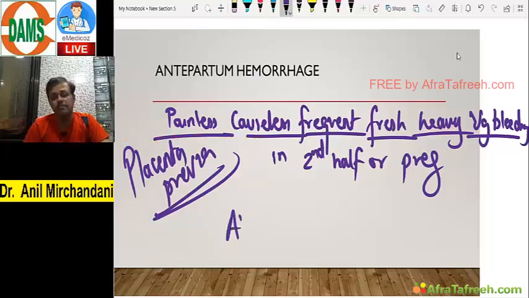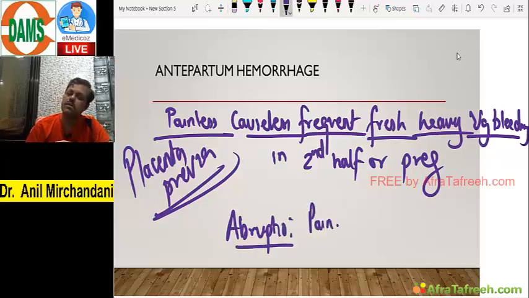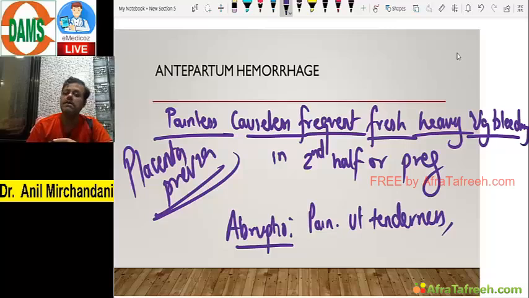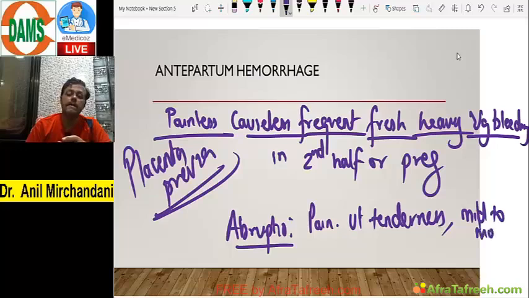Abruptio placenta would have pain and uterine tenderness. Bleeding would be less than placenta previa, so mild to moderate vaginal bleeding, but shock more than bleeding.